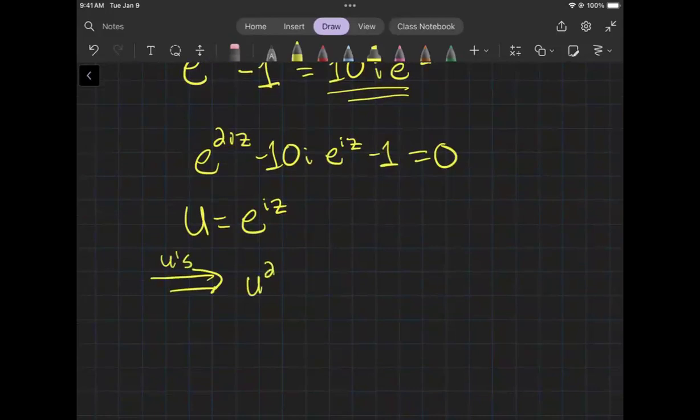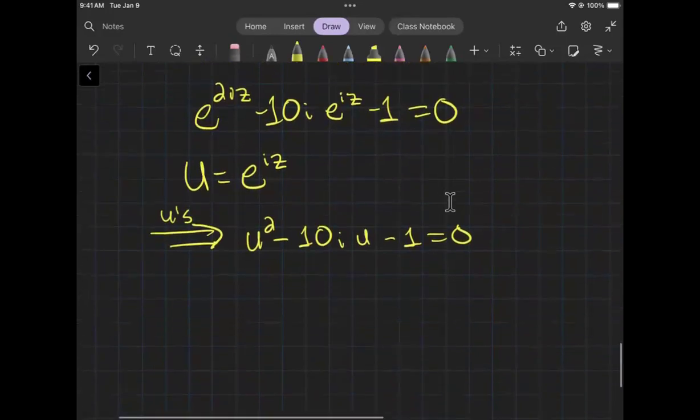So it'll be u squared minus 10i times u minus 1 is 0. All right. And then we're going to use the quadratic formula in the complex plane.